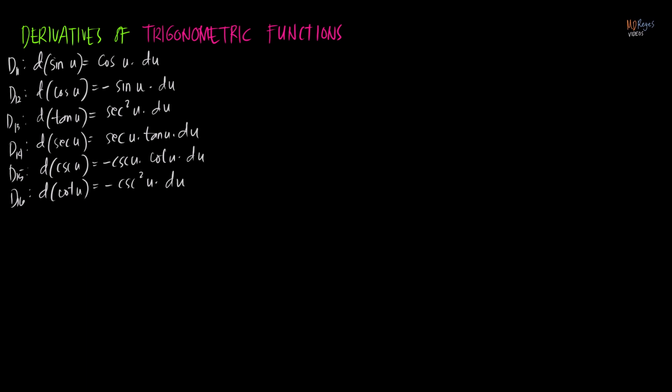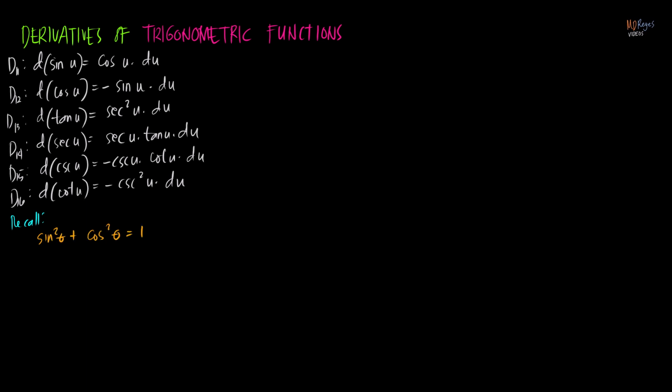Okay, let me also recall some trigonometric identities that we can use to simplify trigonometric functions. We have the three trigonometric identities derived from the Pythagorean theorem. I'll just be using theta for the angle: sine squared theta plus cosine squared theta equals 1.